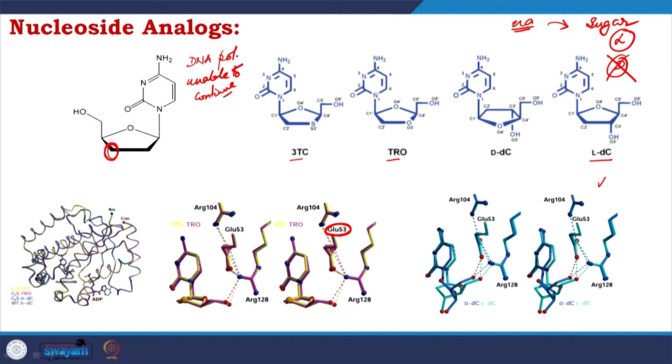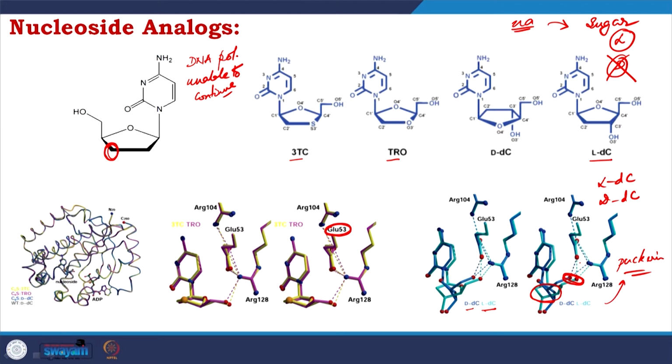And the most interesting part of this designing is not this. If you see the comparison between L-deoxycytidine and D-deoxycytidine, you will clearly see that in the case of D-deoxycytidine it is here, whereas there is a huge sugar puckering, and this sugar puckering helps the L nucleoside to present its atoms close to GLU 53 as the D-deoxycytidine did.